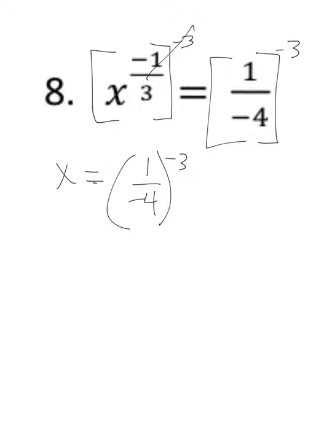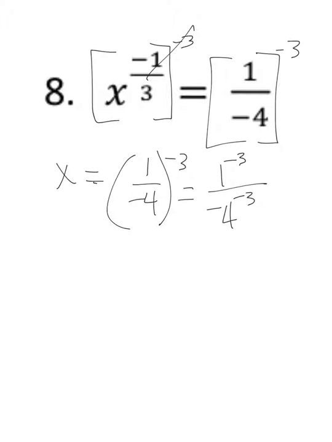the negative 3. So I like to go ahead and distribute my negative into my numbers inside the parentheses. So this turns into 1 to the negative 3 over negative 4 to the negative 3. And anytime you have these negative exponents, they just want to change sides of the fraction.